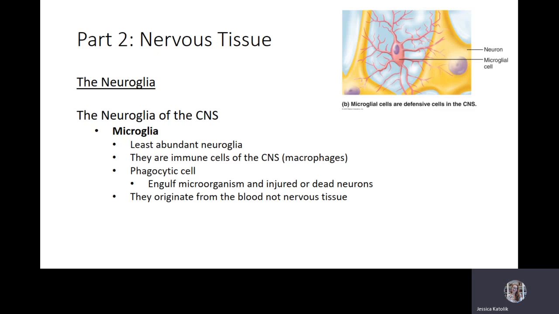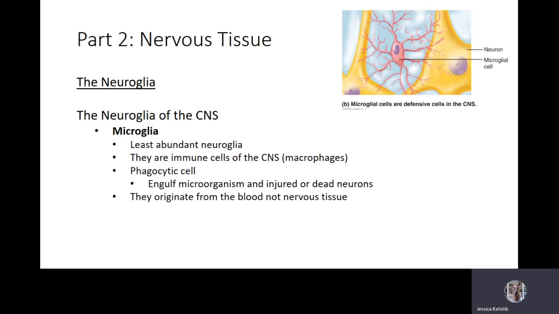These microglia will roam the central nervous system and look for microorganisms that are infecting it and gobble them up and digest them. They will also look around for injured and dead neurons, and collect these up so that they can keep everything nice and tidy and free of infection.